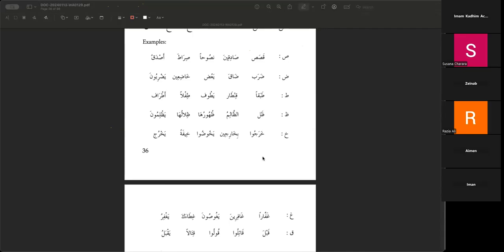Can you please repeat this word? Okay. This is actually not mentioned in the book, but Sister Iman, you speak Arabic, right? Yes. Because in spoken Arabic, the jim is kind of pronounced like ja, kharaju.